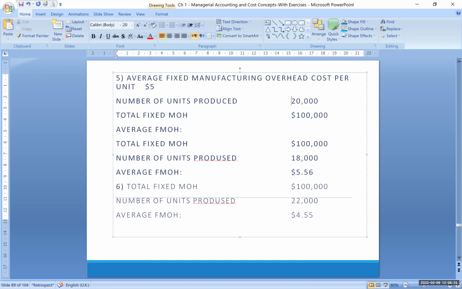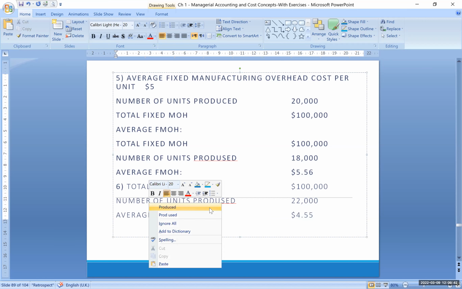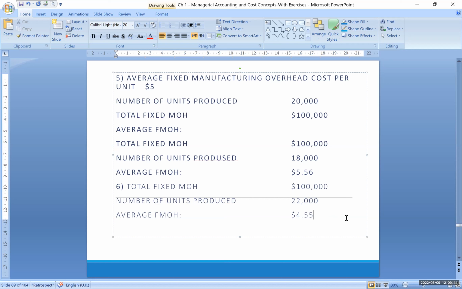If we produce less than 20, we still need to pay for the 20. If we produce more than 20, then the fixed manufacturing overhead can be distributed over more units. So if we produce more, the fixed manufacturing overhead per 1 unit will be less, and this will be the answer, 4.55.